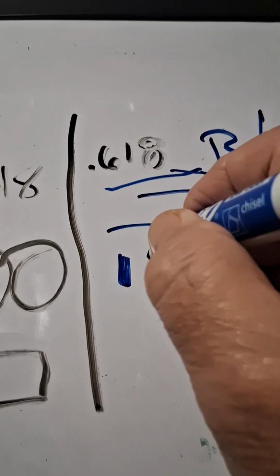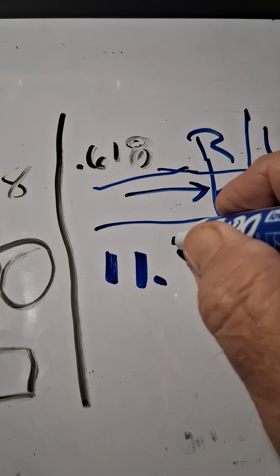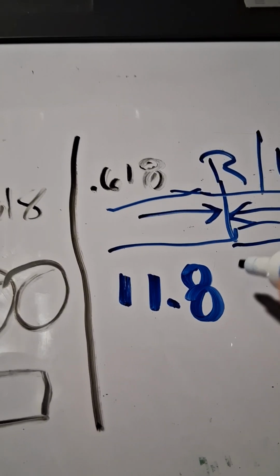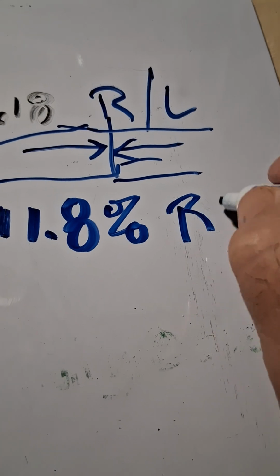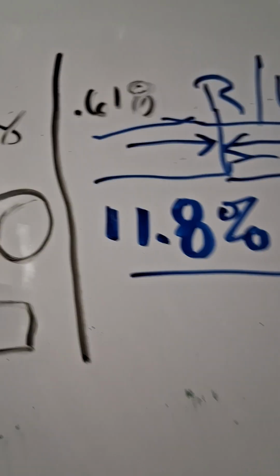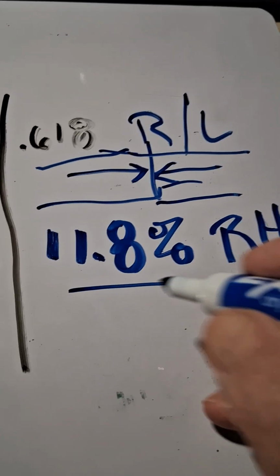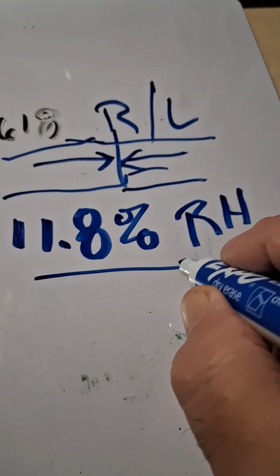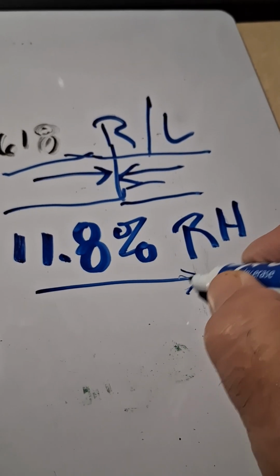Approximately 11.8% of the population is left-handed. I know the ion stream around this part of space is northward, which is going to be right hand.